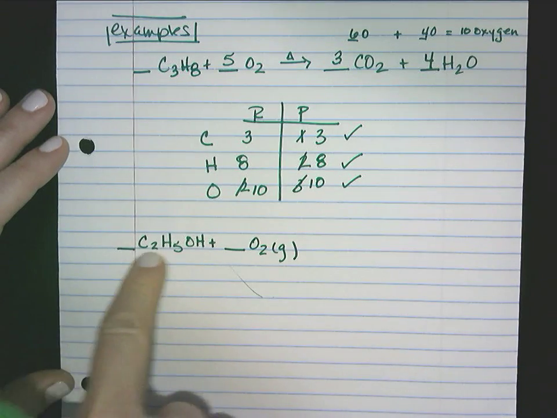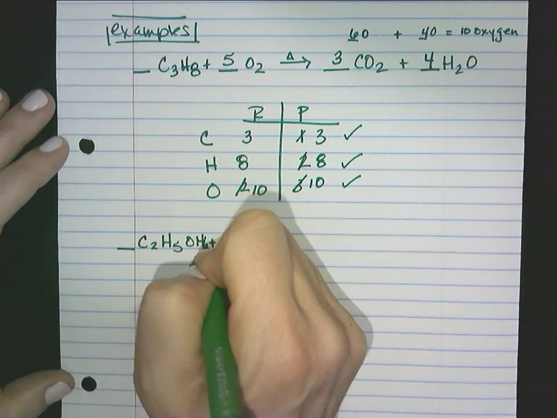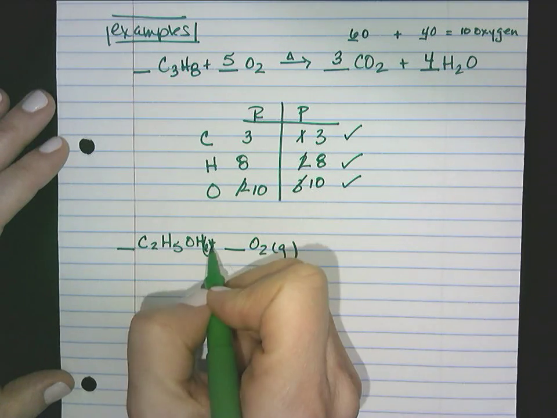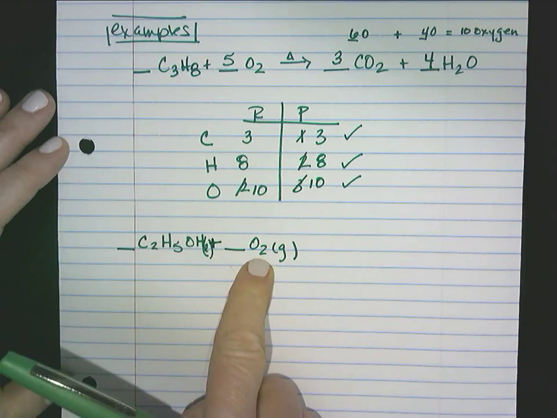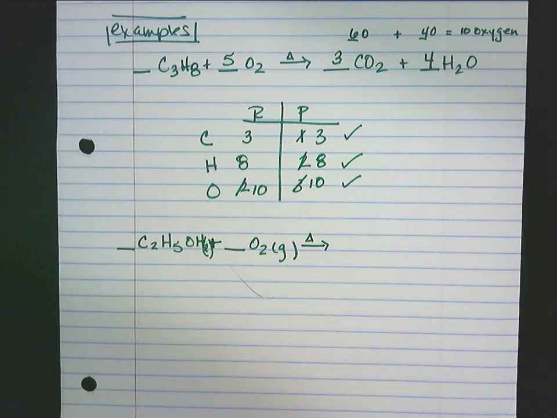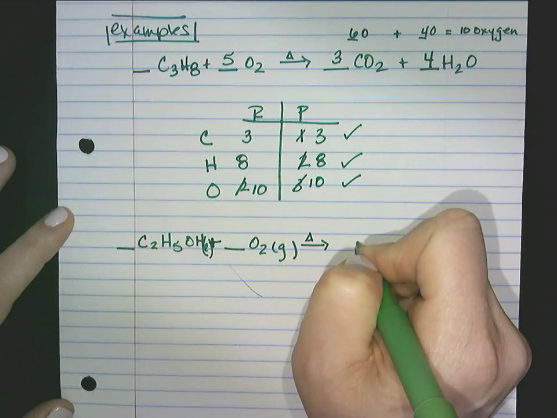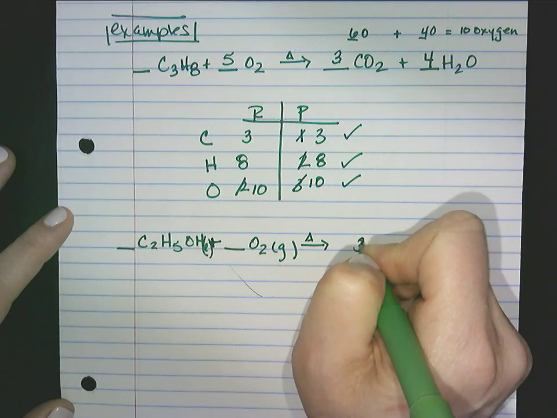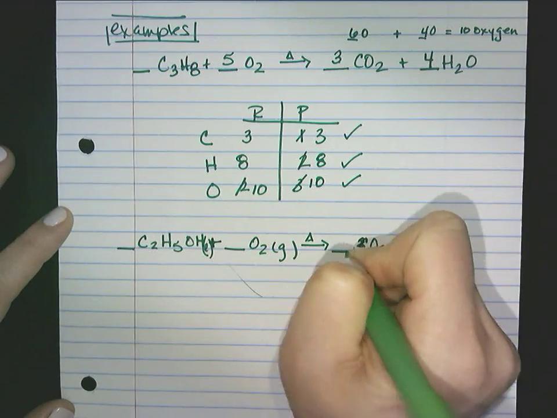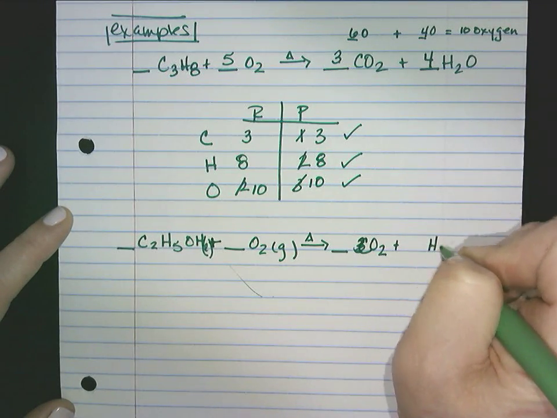This ethanol, because it's an alcohol, is going to be a liquid state of matter to begin. And we're going to add it to oxygen gas, put it in the presence of a little bit of heat, and produce CO2 plus H2O.